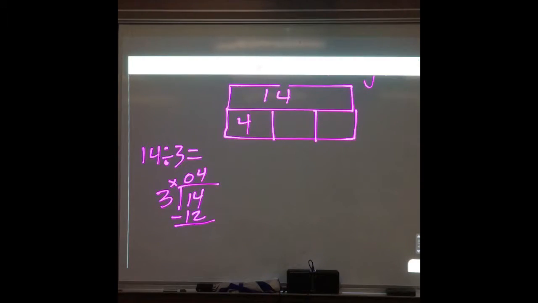Subtract. Leaves us with 2. 4 and 2 thirds. So as you can see, we get 4 and 2/3 for each one, right?